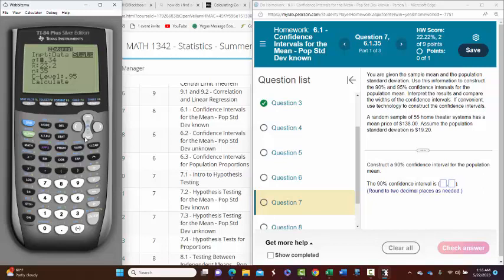So what's the standard deviation? 19.2. Obviously, I don't have to put the 0 at the end. Sample mean says 138. N is 55. Confidence level for part A is 90%.